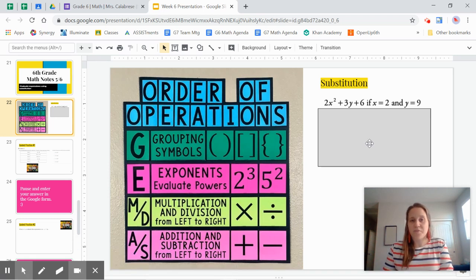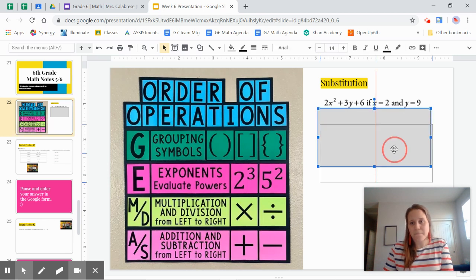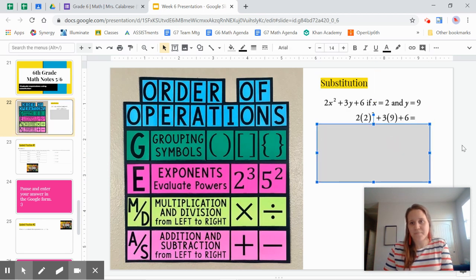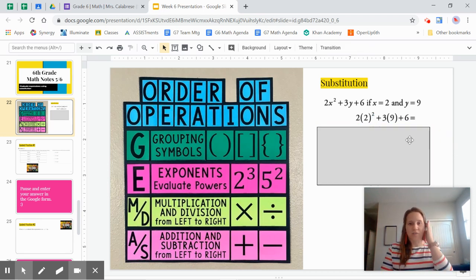The first step is to rewrite the expression as it's given, but instead of x, let's write 2, and instead of y, let's write 9. Excellent. One thing that I want to point out to you is that 2x squared became 2 in parentheses, squared, plus 3 times 9 plus 6.